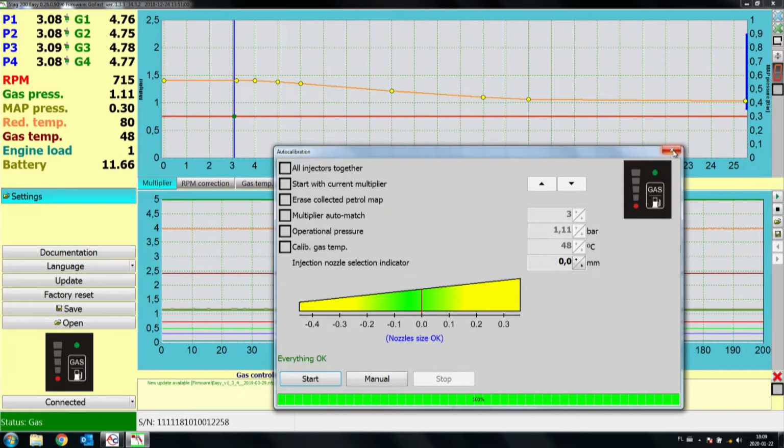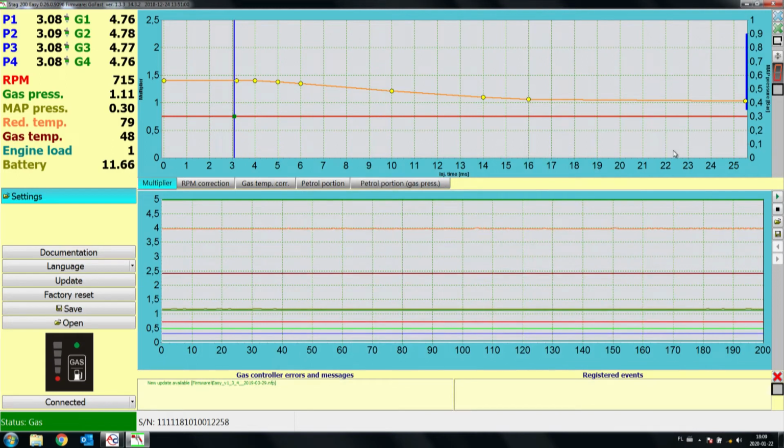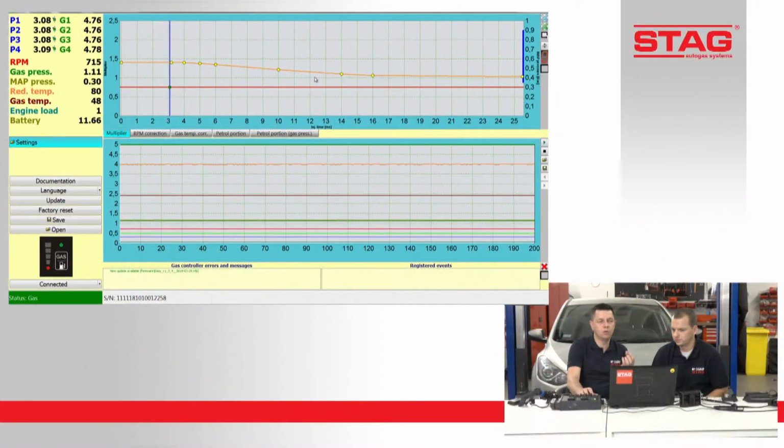Okay, so we passed the calibration. As you can see, in the beginning we had the multiplier line on value 1. Right now, after calibration, according to the pressure and the diameter of the nozzles, the system changes the multiplier, starting from, let's say, 1.4 and going down to 1. You need to remember that auto calibration checks the information when the engine is working on idle.